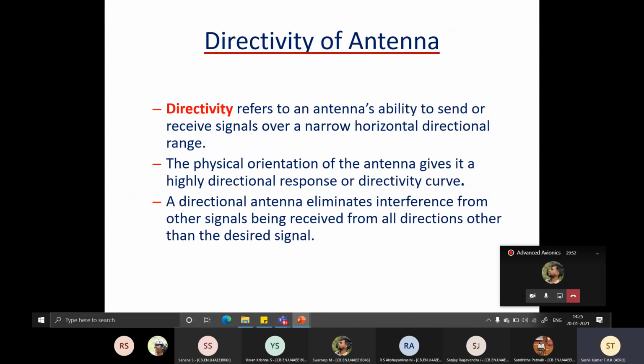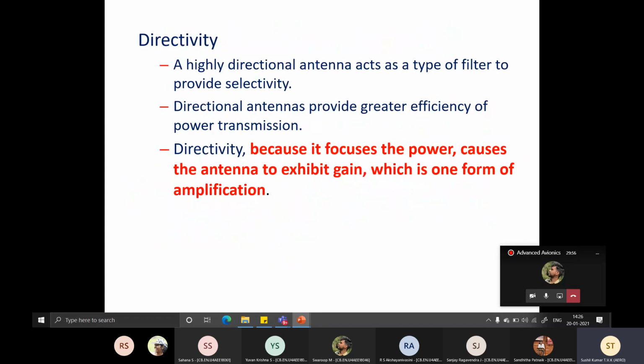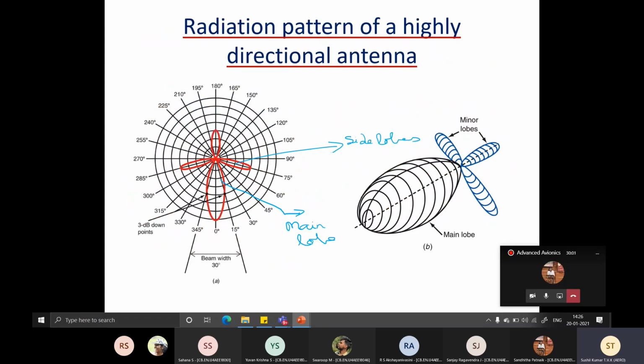Then we talked about directivity last time itself. This is a directional antenna in which you have the main lobe and then these side lobes. Generally, whenever they draw the radiation pattern, they make two radiation patterns, one for the horizontal section and the other for the vertical section.